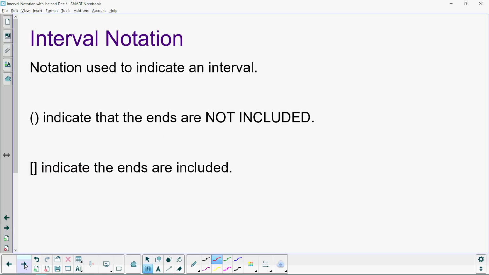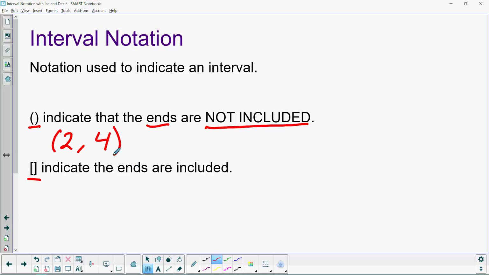Before we get into looking at any graphs, I don't want to overwhelm you, so we're going to talk about interval notation. This is something you've probably seen before, but let's go over it really quickly just to make sure we understand everything. There's two different ways we're going to indicate things: parentheses and brackets. The parentheses mean that we are not including the ends. So one way I could write an interval is parenthesis 2 to 4.